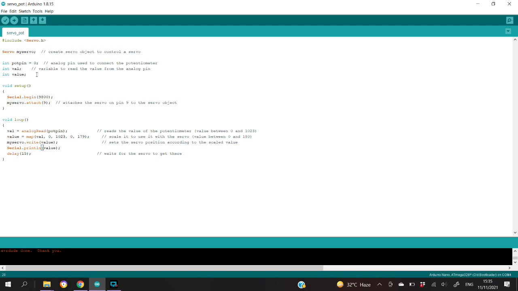So for the setup, we declare that the serial monitor is initialized, and then the servo motor is attached to pin 9.